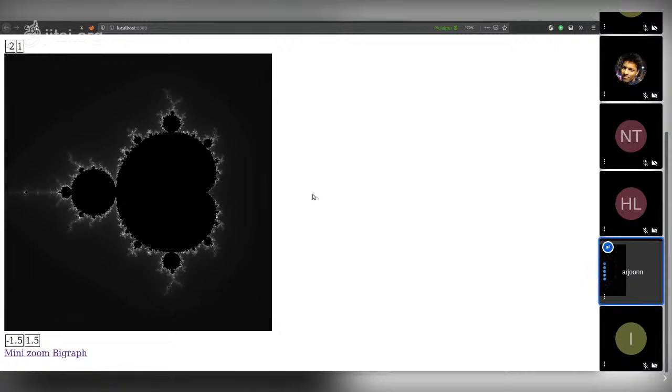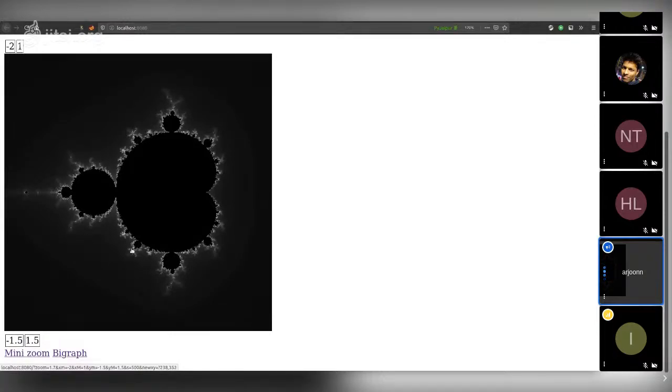This is the Mandelbrot set. Everything inside this completely black part is the Mandelbrot set. Everything which is not black is not the Mandelbrot set. And what we've done here is basically colored black or gray according to how many steps it took to escape.